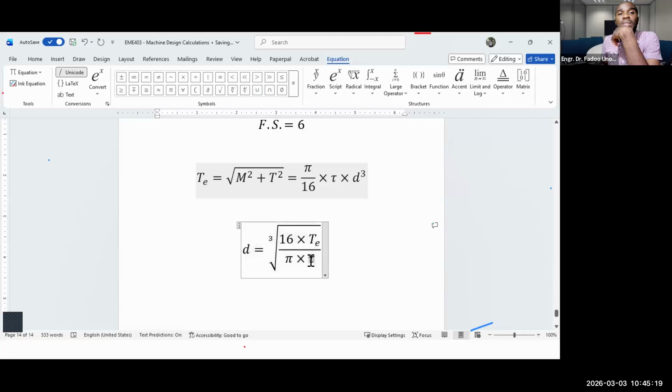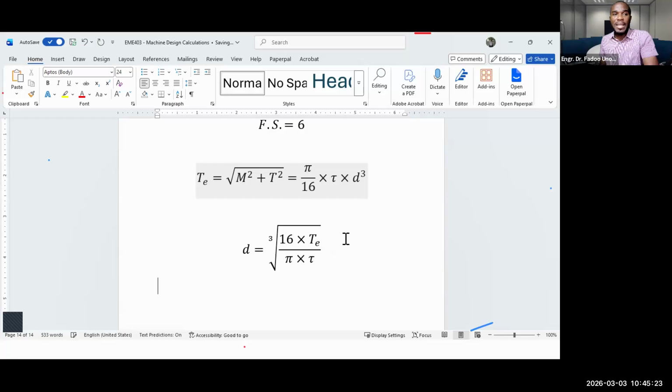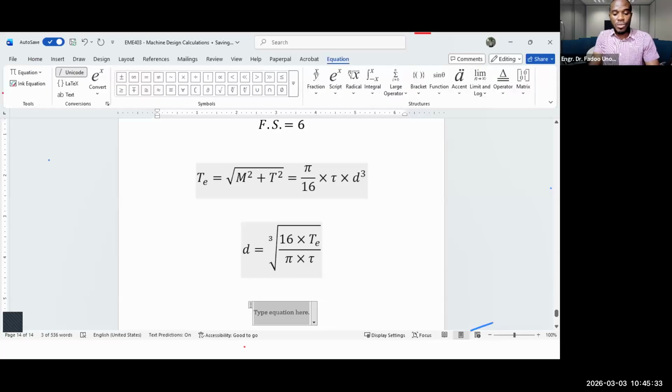So let's go ahead and find these things. Let's start with the maximum allowable shear stress. Tau can be found by getting the ultimate shear stress and dividing that by the factor of safety.